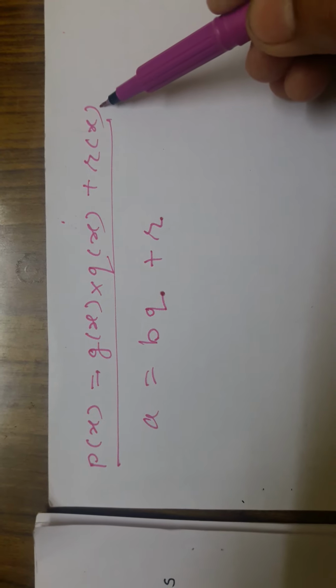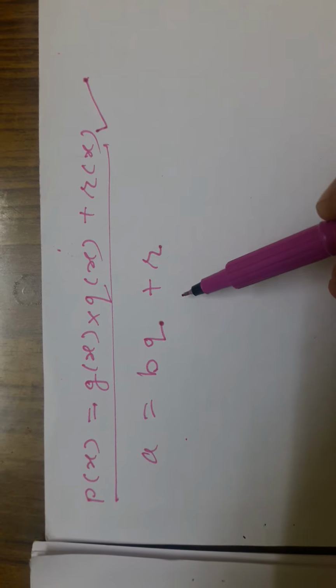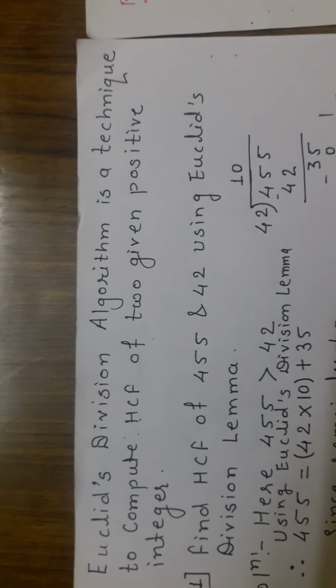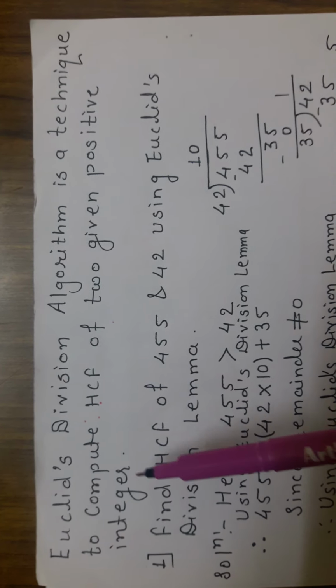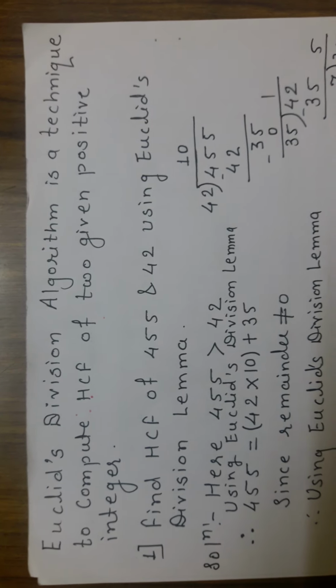This division algorithm is for polynomials, and a is equal to bq plus r is for positive integers. Euclid's division algorithm is a technique to compute the HCF of two given positive integers.